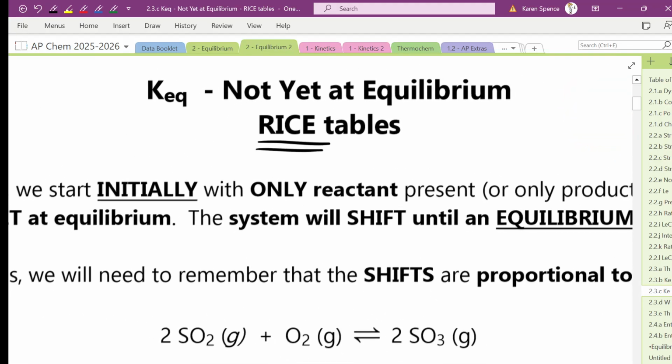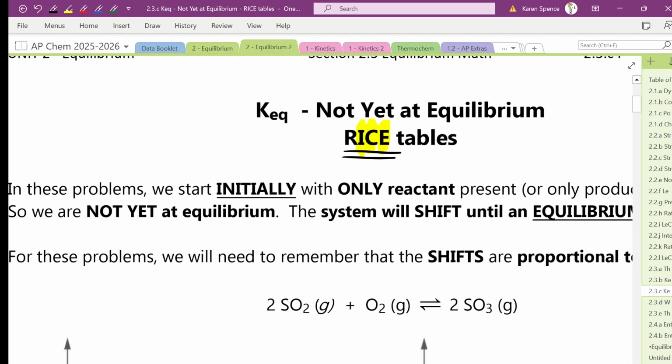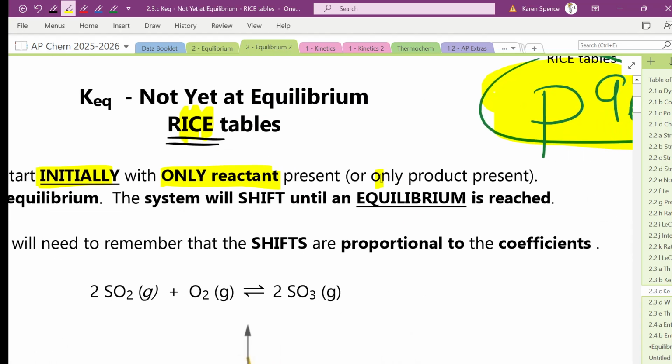So the I stands for initial, the E stands for equilibrium, and the C stands for change in. So we are looking at systems where we initially start with either only reactant present or only product present.